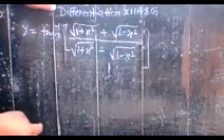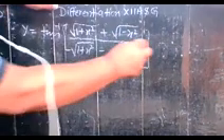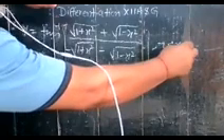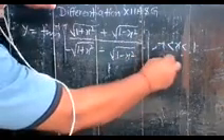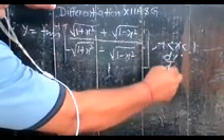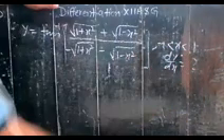Okay, and your condition is given: x is greater than minus 1 and less than 1, and x not equal to 0, that is also given, and you have to find the value of dy by dx under this condition.